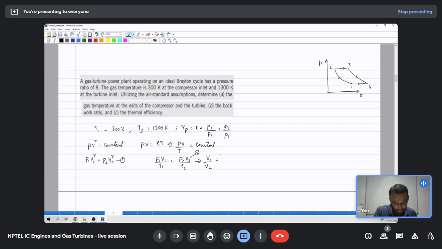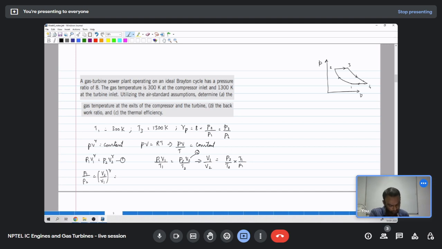So V1 by V2 will be P2 by T2 into T1 by P1. Putting it back here, I will have P1 by P2 is equal to V2 by V1 power gamma.